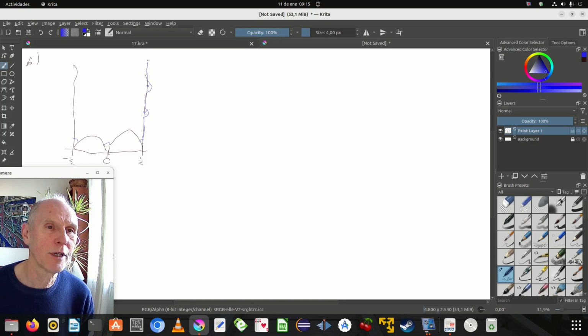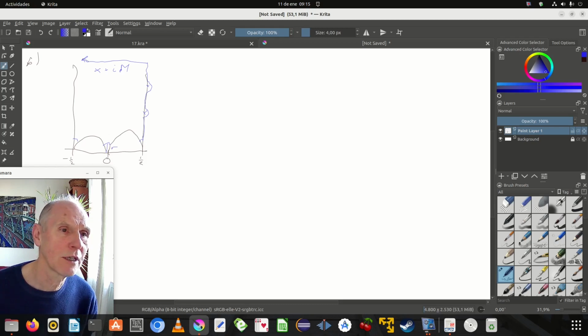And then up here, we go this way. So it's x plus i m, where we'll let m tend to infinity. And the radius of these small circles, of course, will tend to naught in the end.